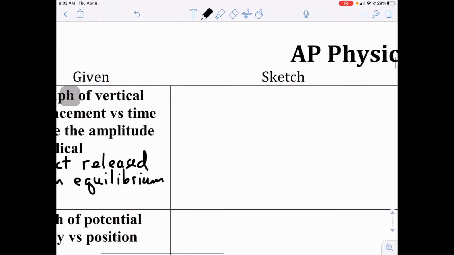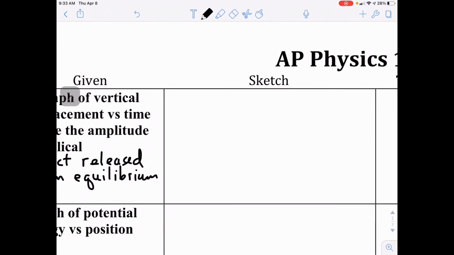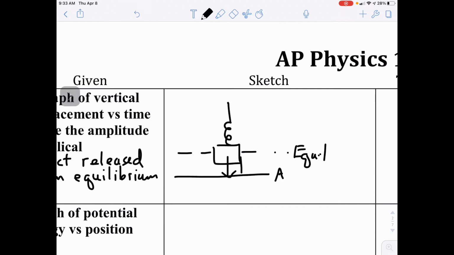Now, that would not be true for a pendulum, because if you have a pendulum at the equilibrium position and you release it, it's just going to hang there. It has no reason to want to move. But if you have a mass spring oscillator and here's the equilibrium position and you release the mass, it's going to drop to the lower amplitude and then rise to the higher amplitude.